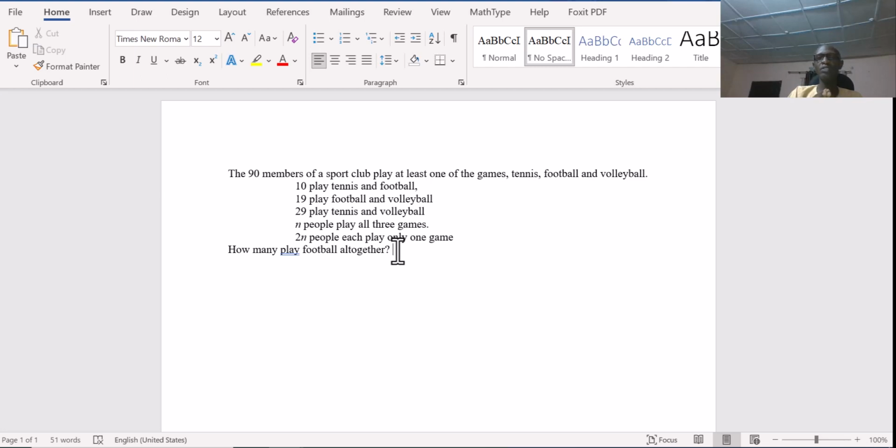If you are given a set A union B, the definition means the set of elements that are in A or in B or in both. So at least one of the games means people that play one, or two, or three of the games. Let's start and put this in set notation format.